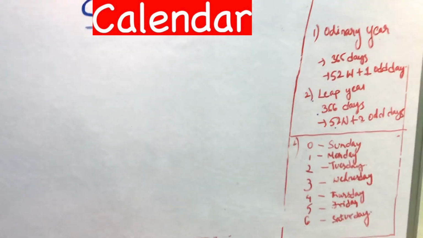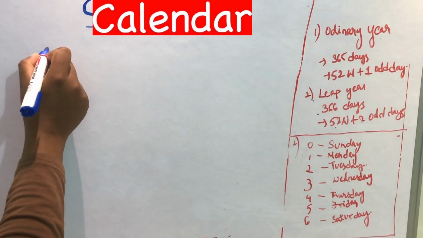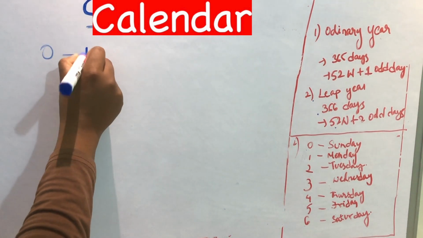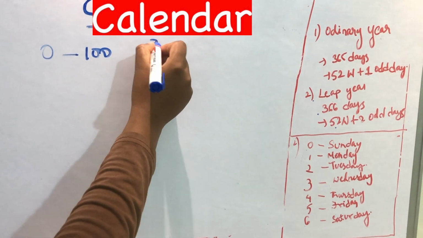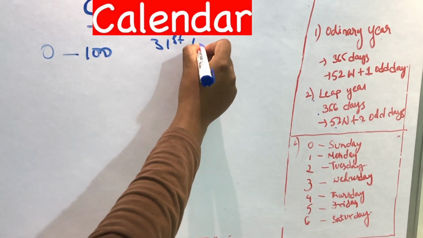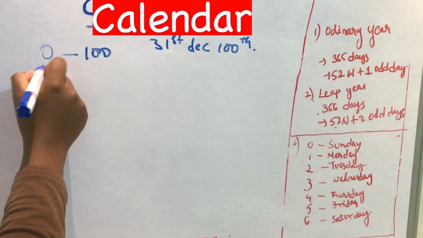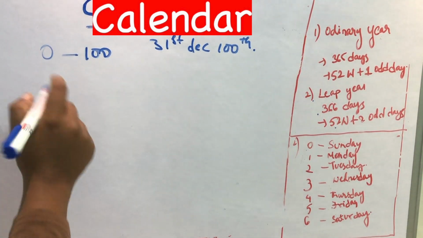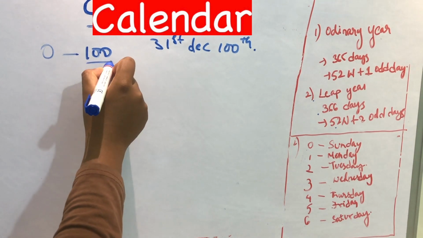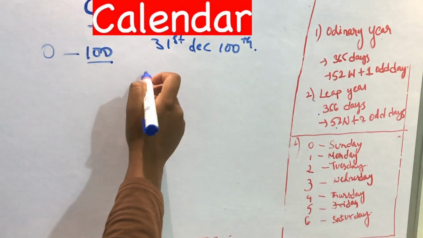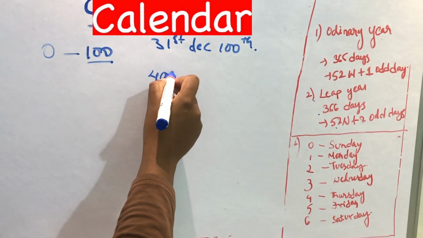Now let's see another example. We'll try to calculate for 100 years. So we'll check what the 31st December of the 100th year is. For doing this, just focus here. This is a century year, right? So if it is a century year, you cannot divide it by 4, you have to divide it by 400.